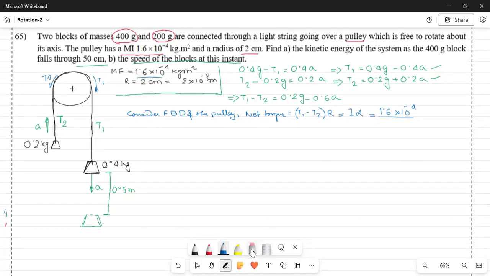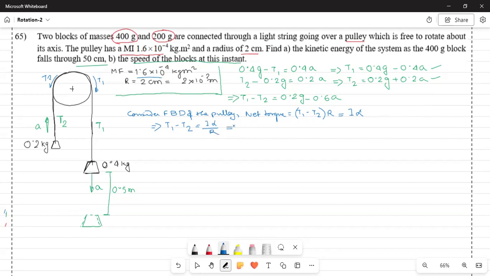Let us go: T1 minus T2 times R is equal to I alpha. So we can write T1 minus T2 is equal to I alpha upon R. Now it will be easier to understand.